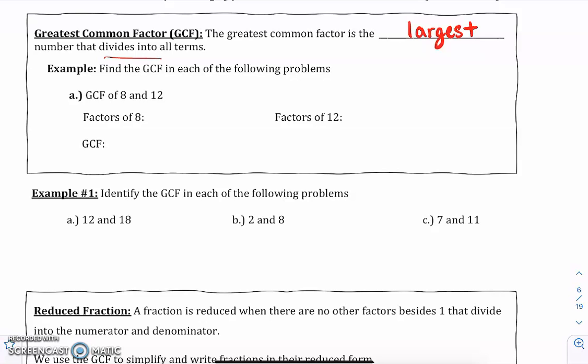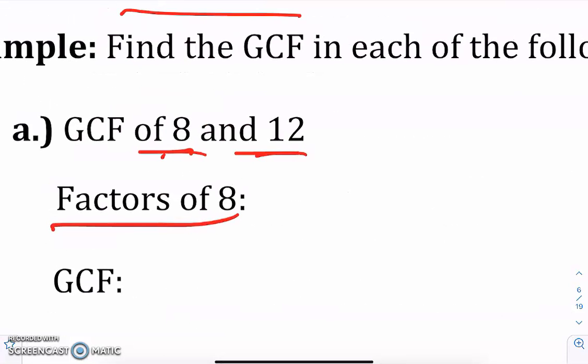So when you think of factors, like the greatest common factor of 8 and 12, we'll do 8 first. There's always the number itself and 1. So factors of 8 would be 1 and 8. But what else multiplies to get you 8, or what else is 8 divisible by?